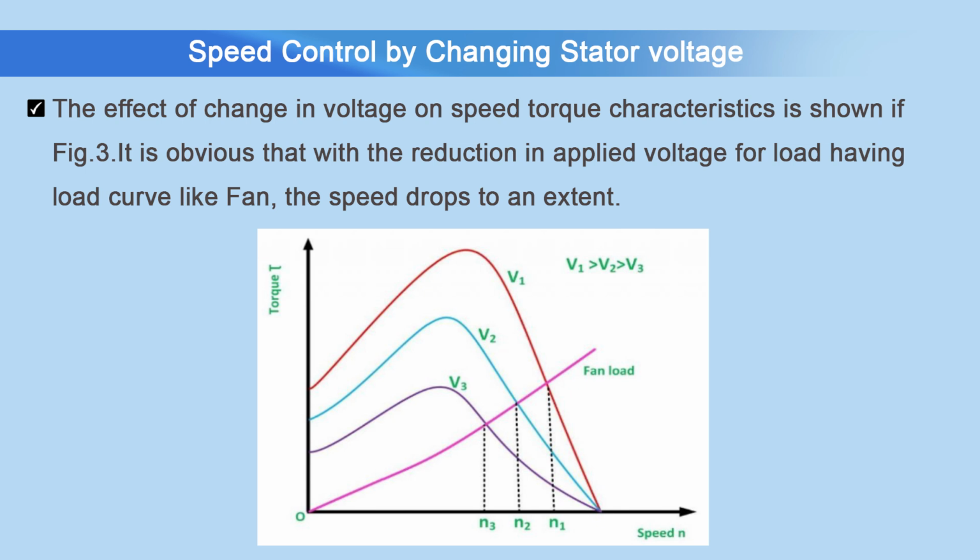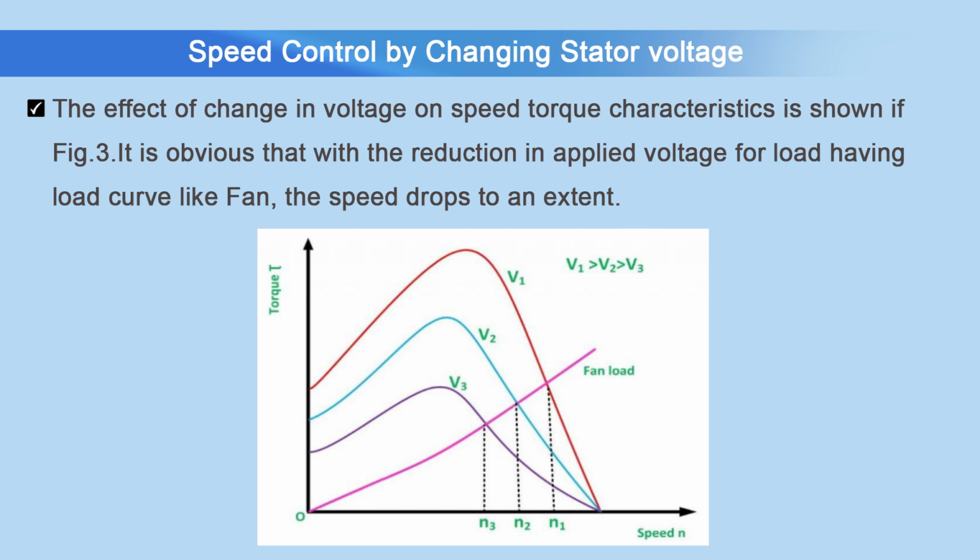If higher voltage is given, we get high starting torque, and we know that the rotor speed will adjust in the stable region of this slip torque characteristics, and the point of intersection will decide the speed. So with V1 as the voltage, the load curve cuts at one particular point, and accordingly the rotor speed is say N1.